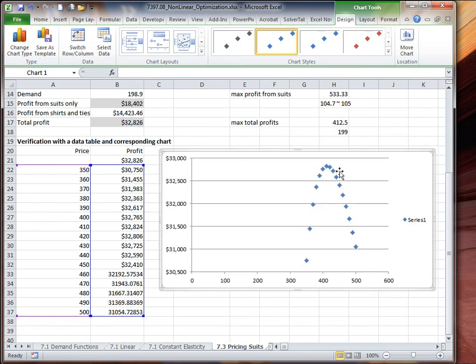Okay. It's a very interesting situation. Again, it's a parabola, but you can see that we have quite a change here, right? Just going from 350 to 400, our profit jumps from roughly 30,750 to what looks like 32,750. So our profit really zooms up fast.